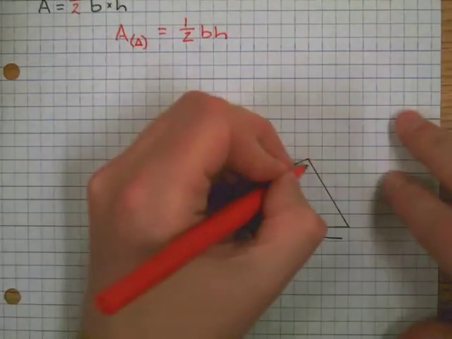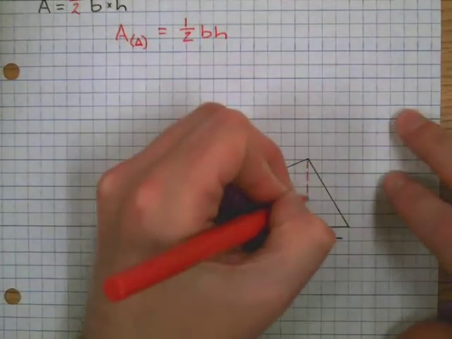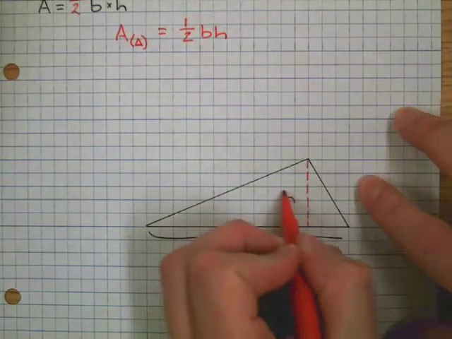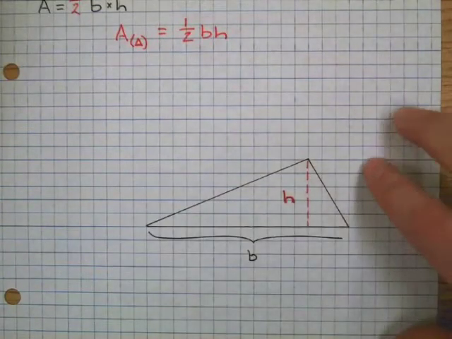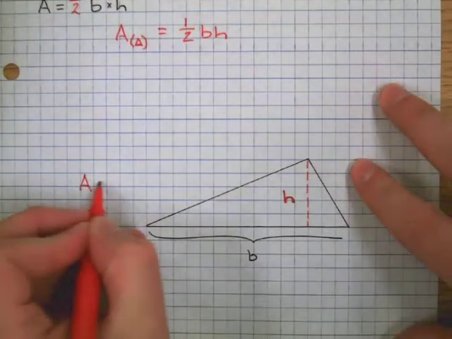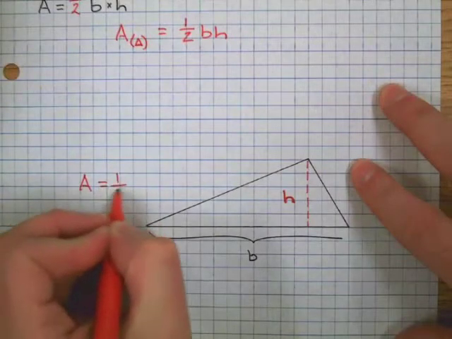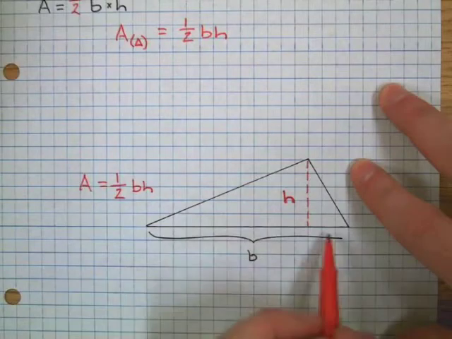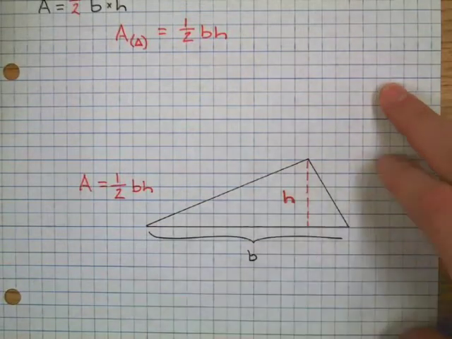So our height would be to this point right here, the longest distance between the base and that point right there. So this is the height. So again, our area would be 1/2 multiplied by the base and multiplied by the height, where this is the base and this is the height.